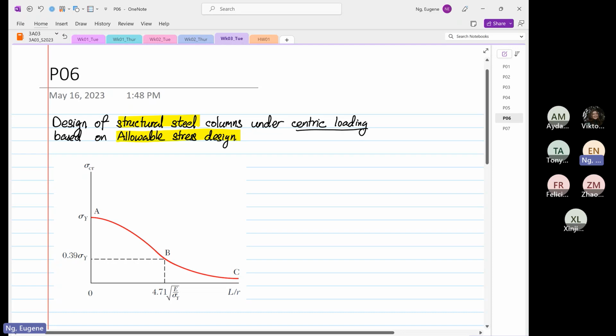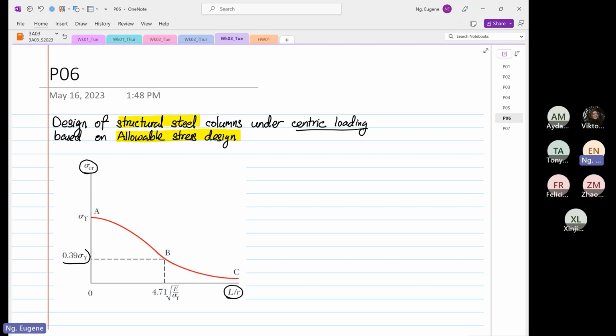On the x-axis is L over R. On the y-axis is our critical stress. Then we have a value down here, 0.39 stress yield, and another value equal to 4.71 square root of Young's modulus divided by stress yield.